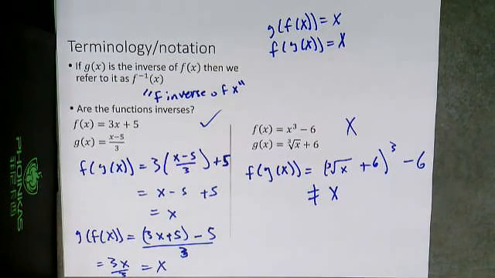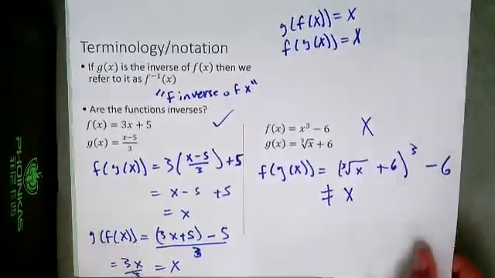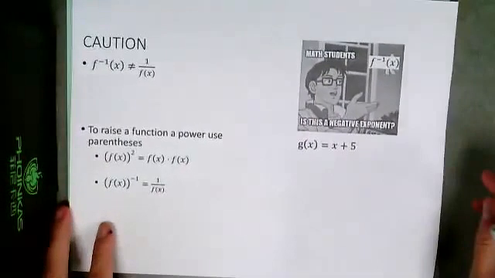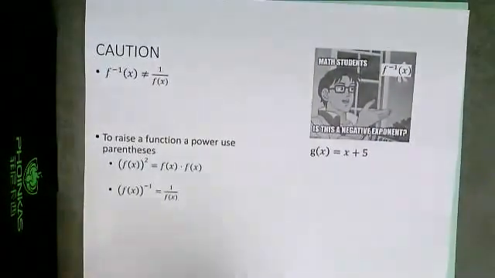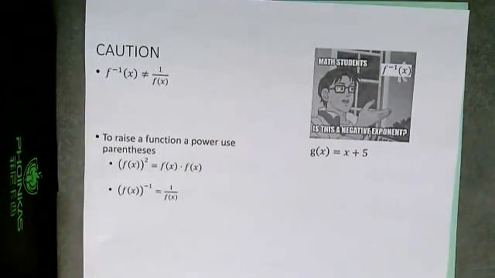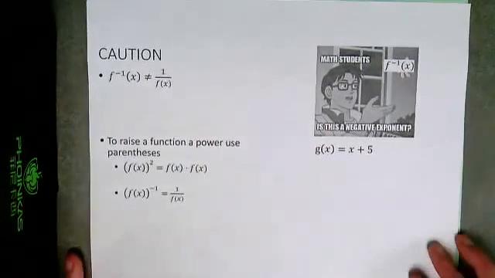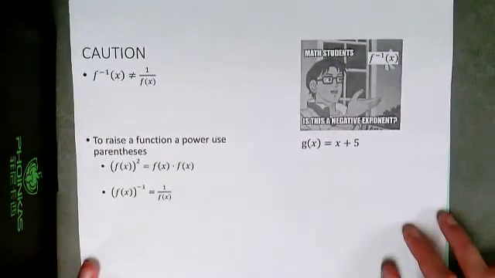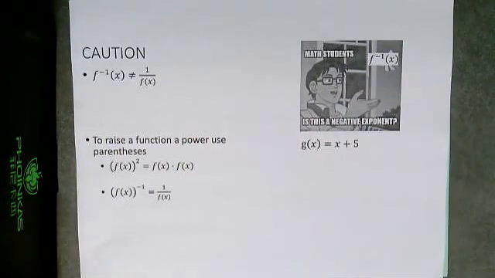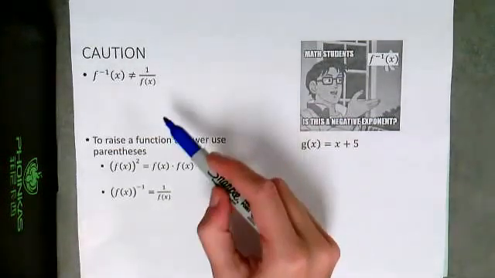Okay. So now to talk a little bit about what I just said with f to the negative 1. That is not what we have. F inverse of x does not mean 1 over f of x.